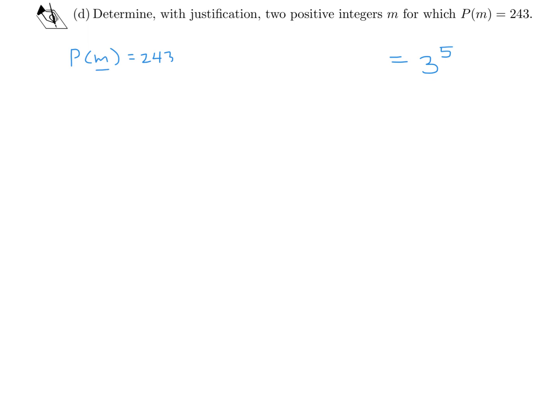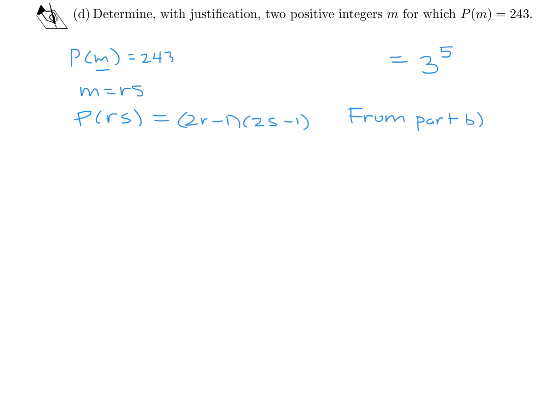And I'm going to break up this m into, I'm going to let m equal rs. And then once you break it up into rs, we can use some of the formulas that we have previously been told. So this becomes p of rs, and then from part B of this question, if you go back and look at part B, we had already figured out that this would be 2r minus 1 times 2s minus 1.